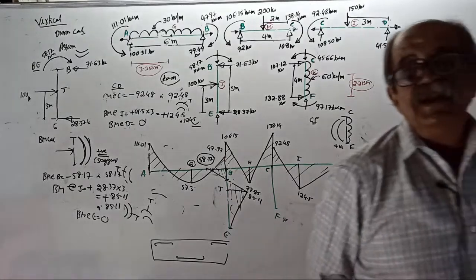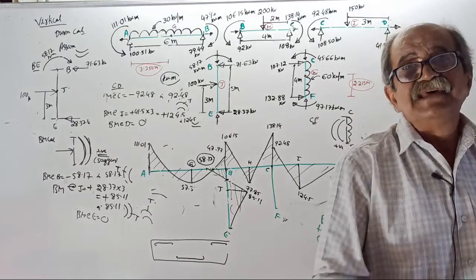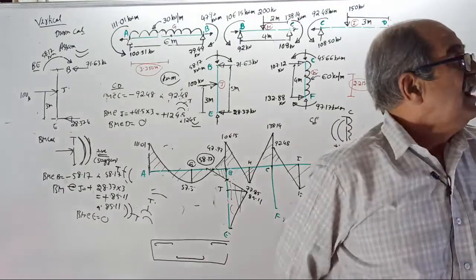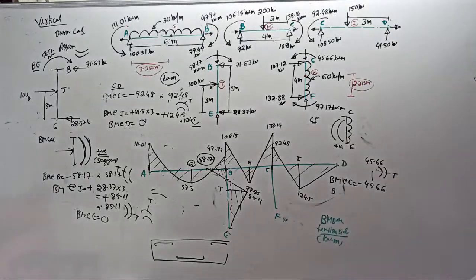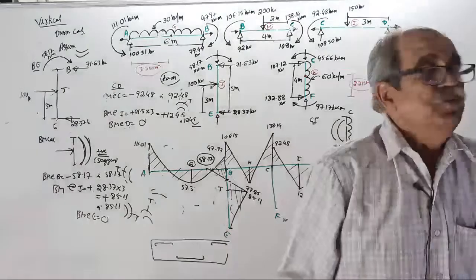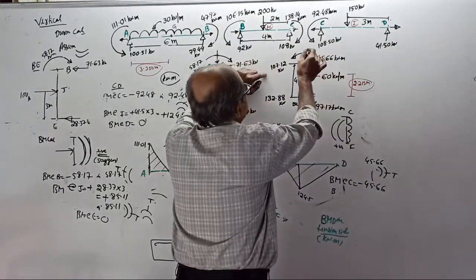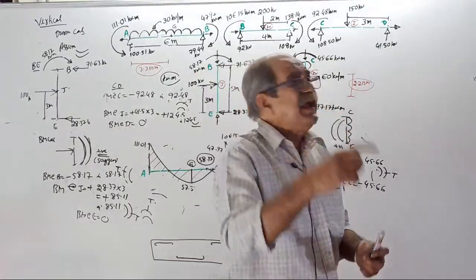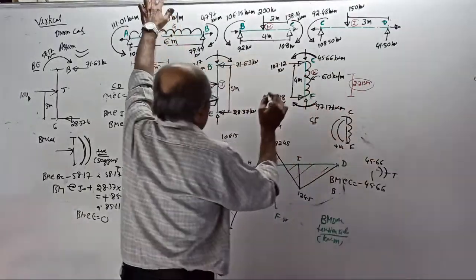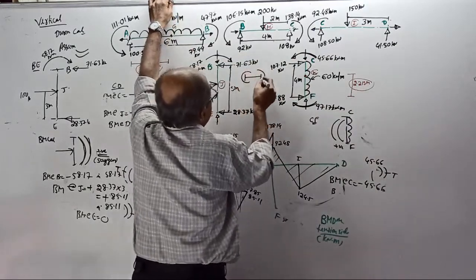Or, I will tell you, there is a crude method. Want to know it? I will use it later for frames. If you write end moment with the closing bracket system, remember, then closing bracket. Any member, you should write beams, you should write moment like this.